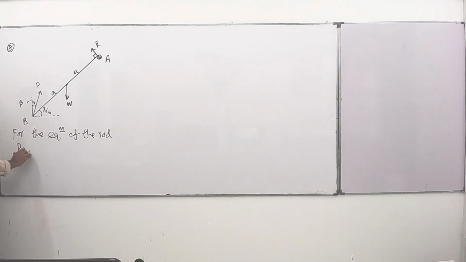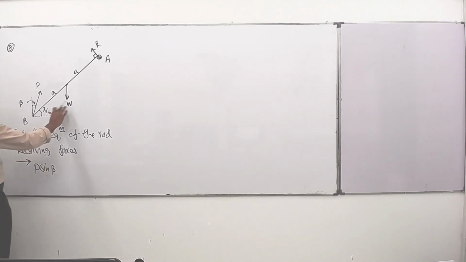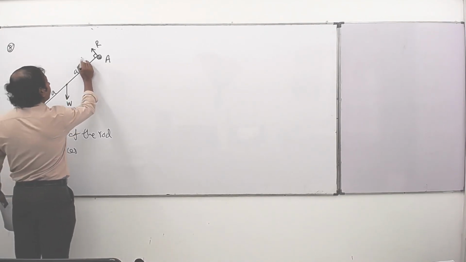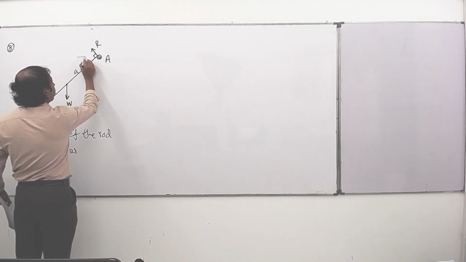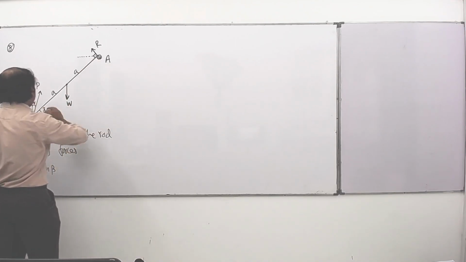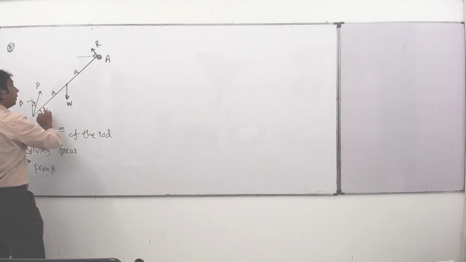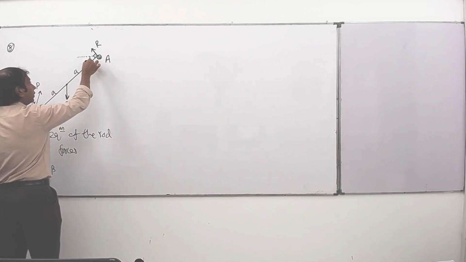Resolving forces rightward. Here P, this is beta, so P sine beta. W is vertical, no component horizontally. By R, when you draw a horizontal line here, if this is 30, then this is 60.